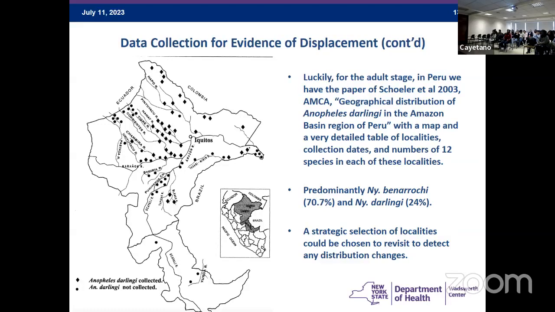We also found them in SEM, which is much further away, and also way up here in Libertad. And that's quite a distribution just in the Iquitos area. So we know Benarrochi is around, but it's not nearly as common as darlingi is.